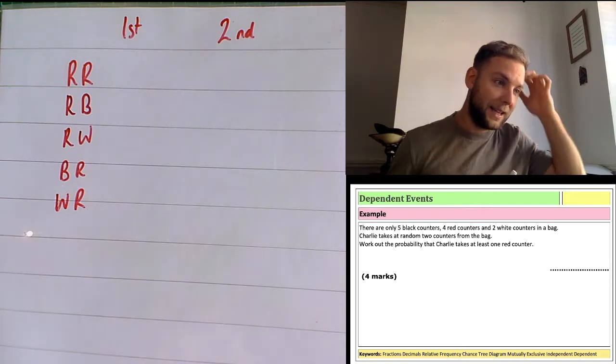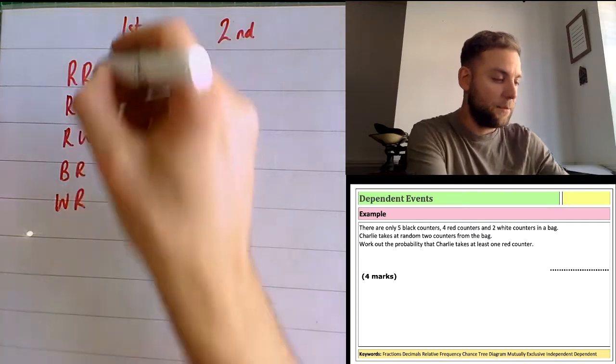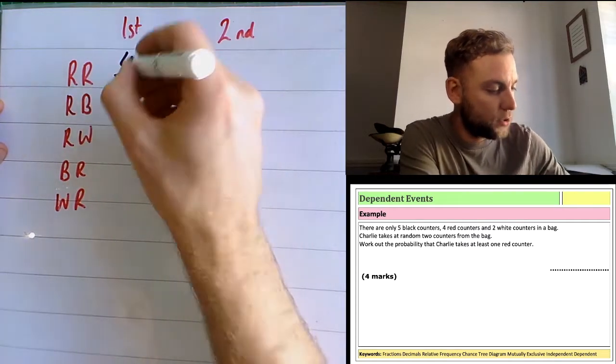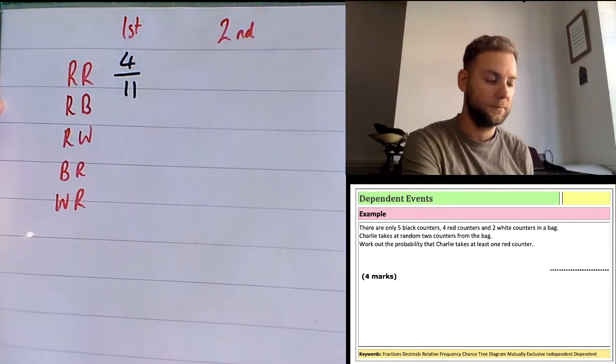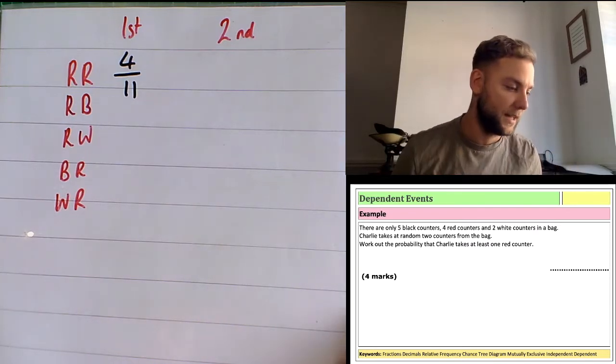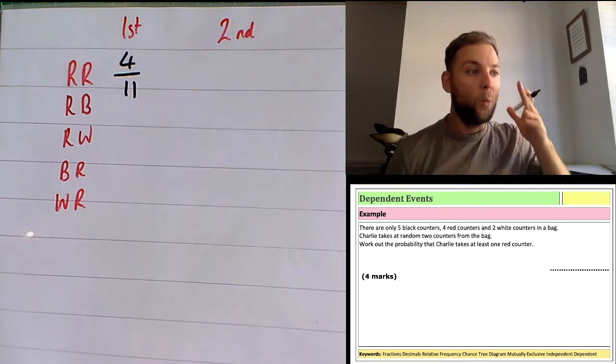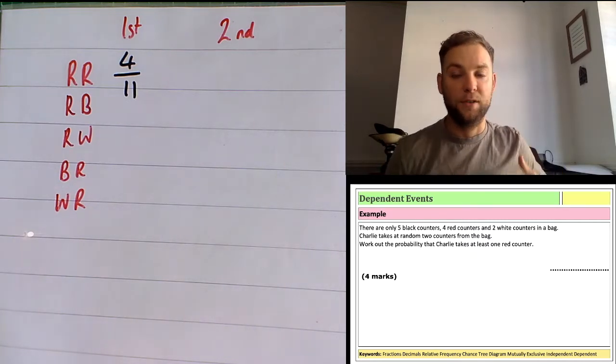So the probability that he picks a red counter on his first pick is going to be 4 out of 11, because there's 4 counters out of the 11 in total. Now, if he's picked a red counter on his first pick, what's the probability of picking a red counter on his second pick?